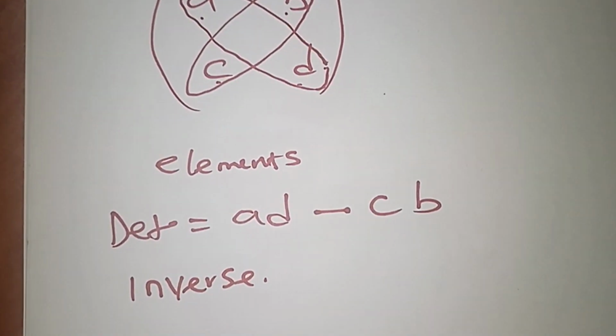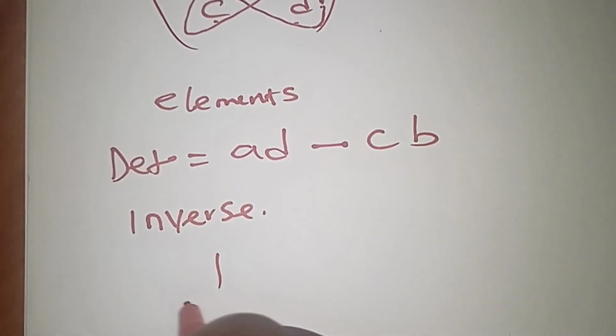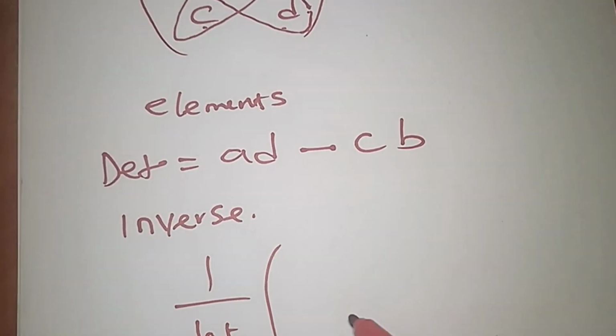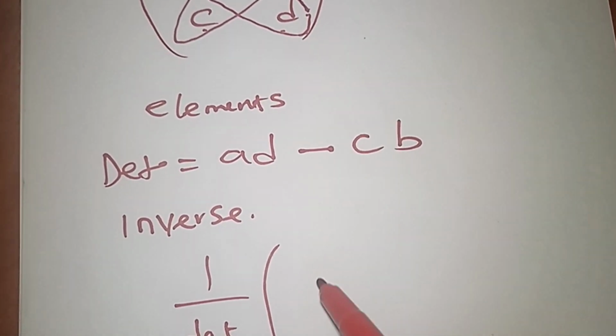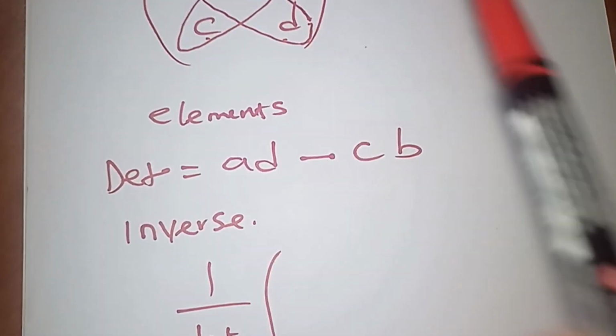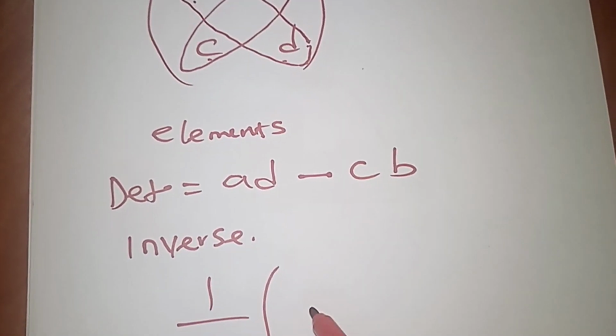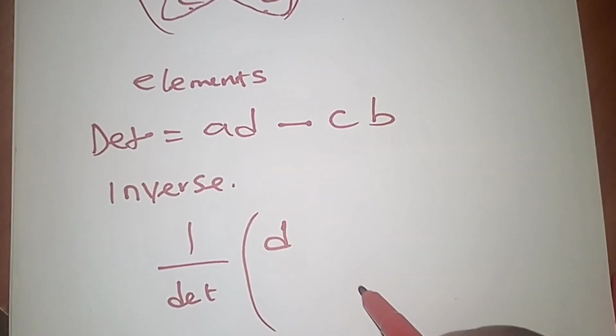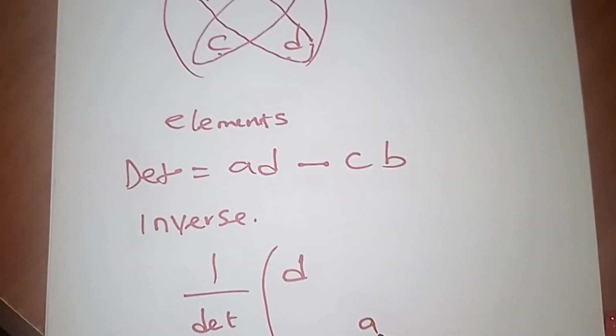What about the inverse? So the inverse is 1 over determinant. We multiply by, we interchange the elements in the leading diagonal. So D goes up there while A comes down here. Then the elements in the other diagonal, we change their sign.